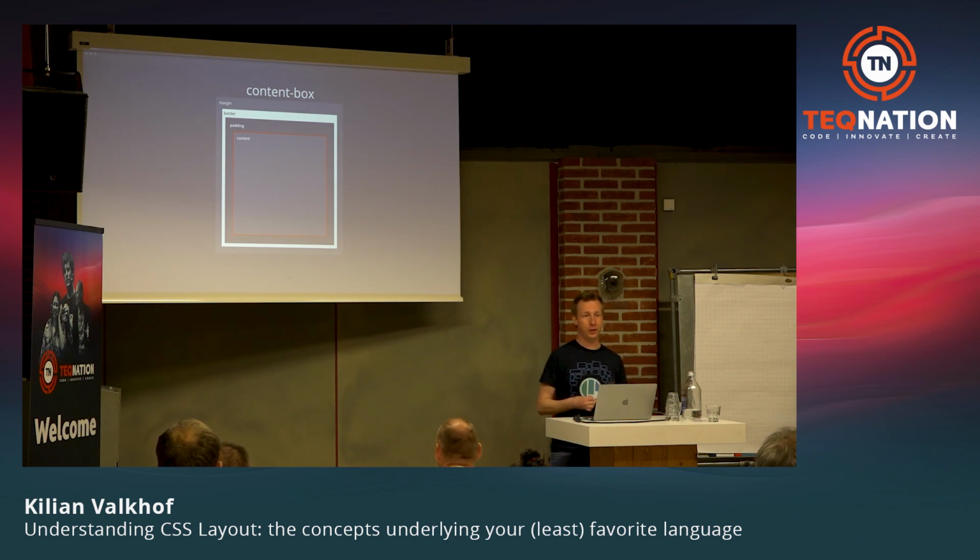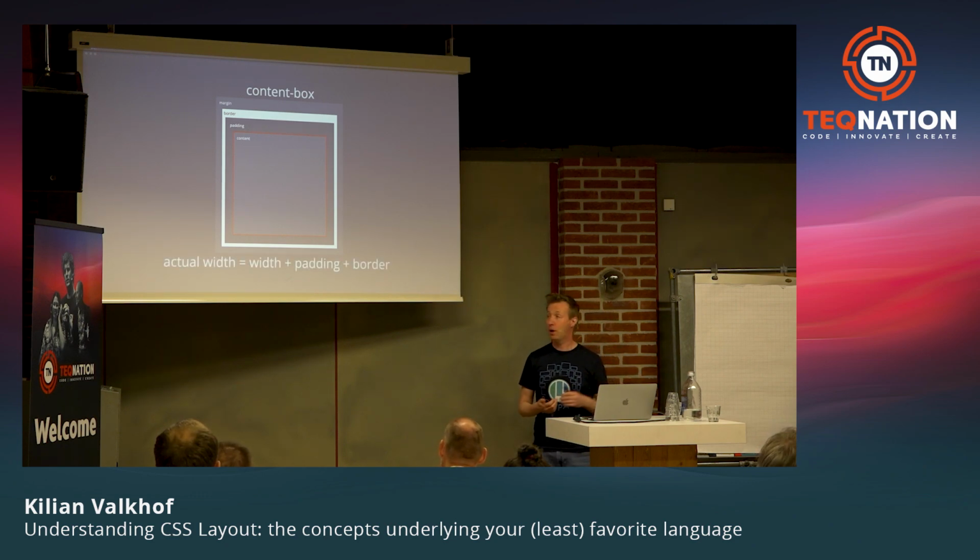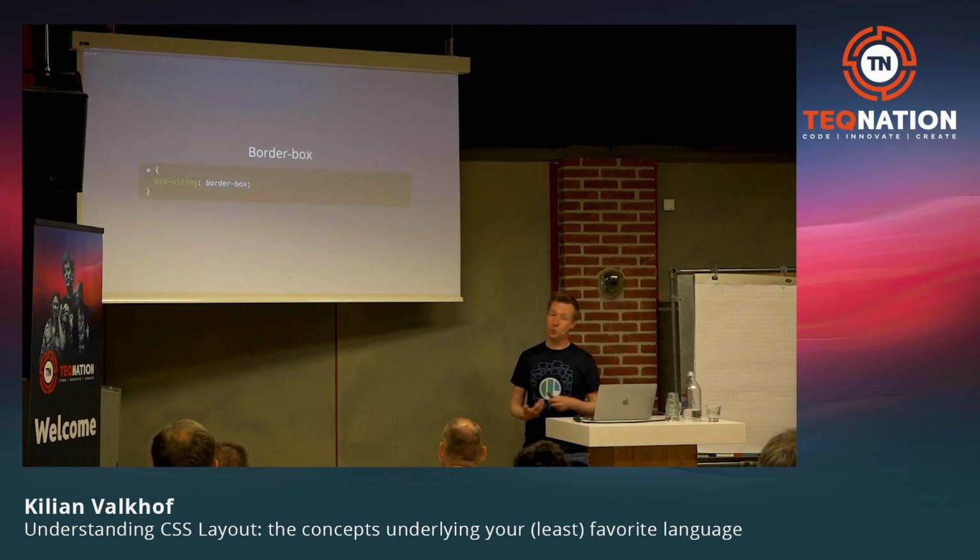In this situation, if you set a width for a box, that width is just for the content. Padding and borders are added to it. So if you want to find out the actual width of a box, you'll have to do some math. We're stuck with this as default, as I said, which is why most CSS reset style sheets do something like this, where they set the box-sizing to border-box.